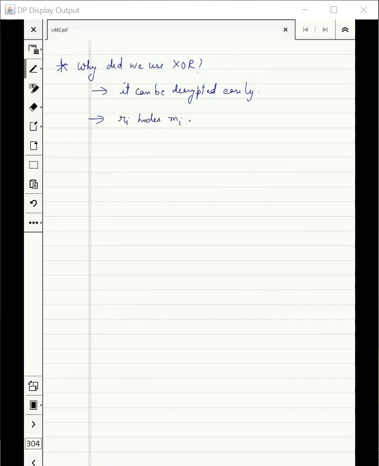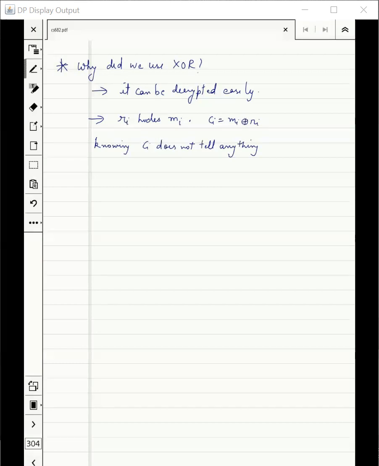More importantly, if you go into slightly more detail, remember Ci, the message which I sent, was Mi XOR Ri, and knowing Ci does not tell anything, or you can get Mi with probability just half. Any ith bit you can guess with probability half. You can just toss a coin and say, oh, my Mi is 0.